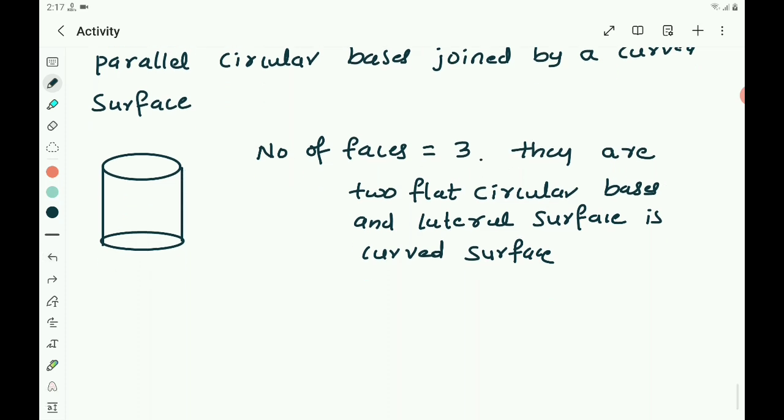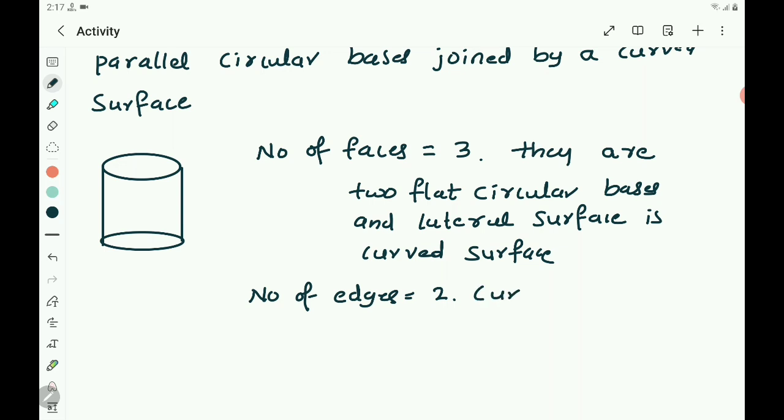Next, how many edges are there? There are 2 curved edges where the bases meet the curved surface. Here, this is one edge and this is one edge. So take number of edges: 2 curved edges.